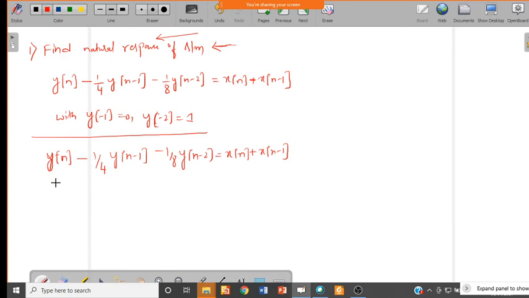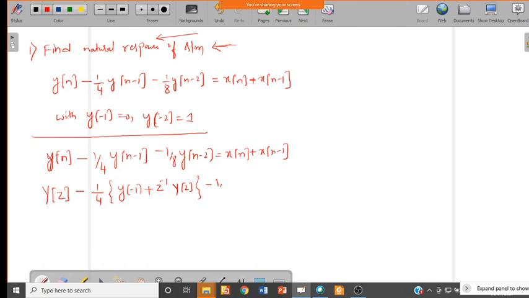So now take the Z transform. It becomes Y of z minus 1 by 4 into, now this y of n minus 1 we can write as y of minus 1 plus z inverse into Y of z.